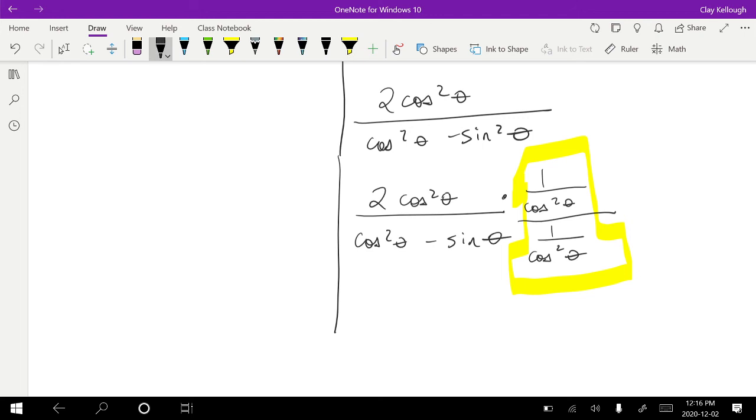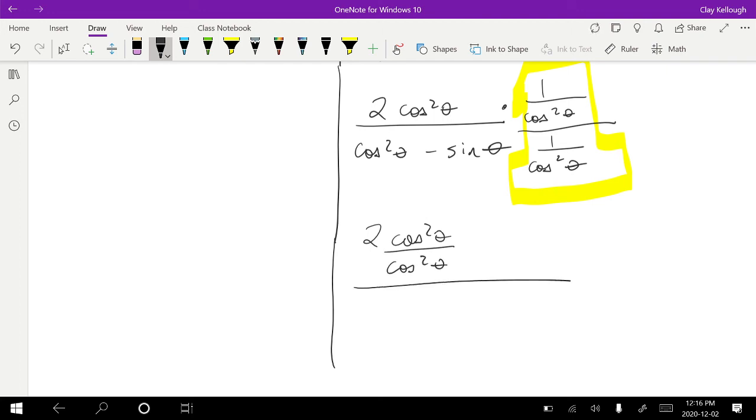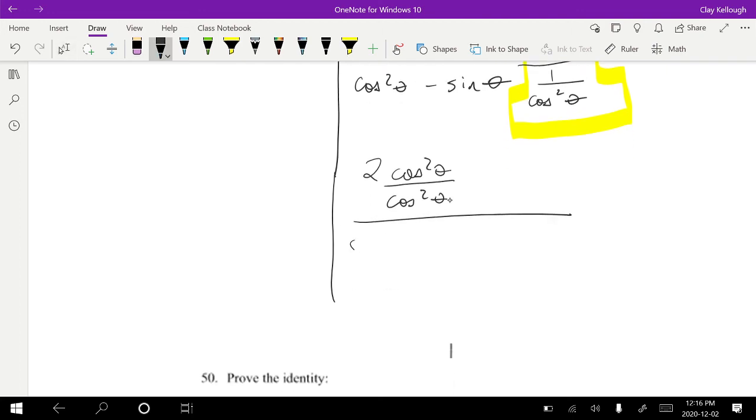So I didn't change the equation any, but look what happens now. Look at how pretty this is. This is now 2 times cos squared theta over cos squared theta, and the denominator is now cos squared theta over cos squared theta minus sine squared theta over cos squared theta.